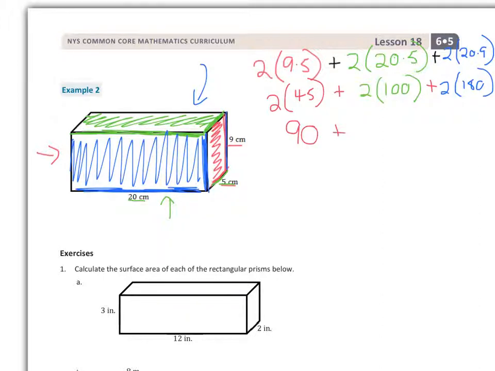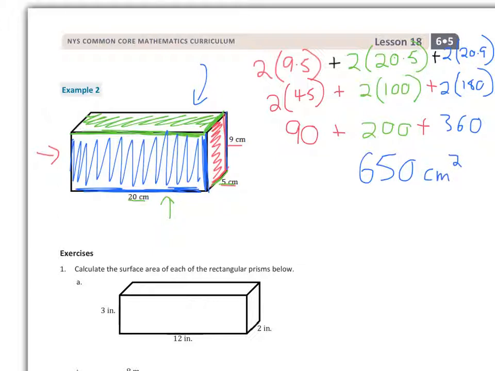90 plus 200 plus 360 would be 650 centimeters squared.